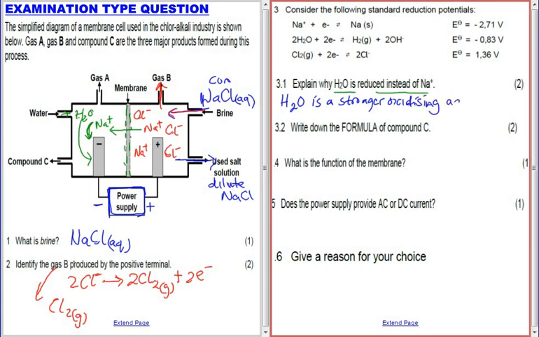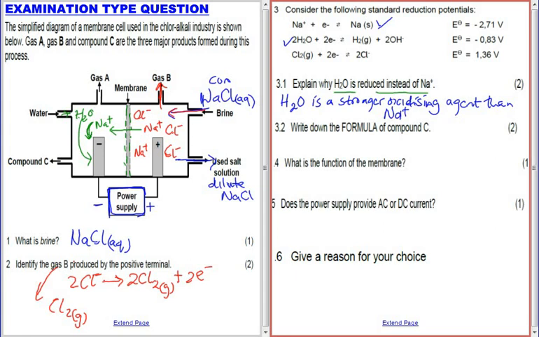That should happen a little bit faster than sodium ion going to sodium. So therefore, as you can see, it's a stronger oxidizing agent. You can see that it will be easier to have this reaction occur rather than that. So it is what happens right there at the cathode.